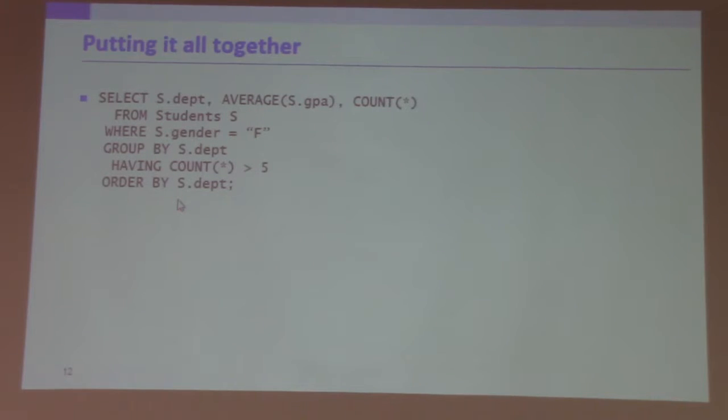This is as complex as you can get for single table queries in a database system, where you have aggregation, group by, having, and order by. The only thing missing here is the distinct keyword. You may or may not use distinct, depending on whether you want to remove duplicates from either your aggregation or your projection needs.